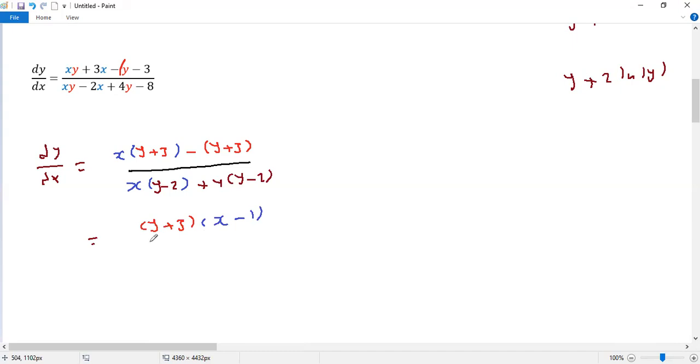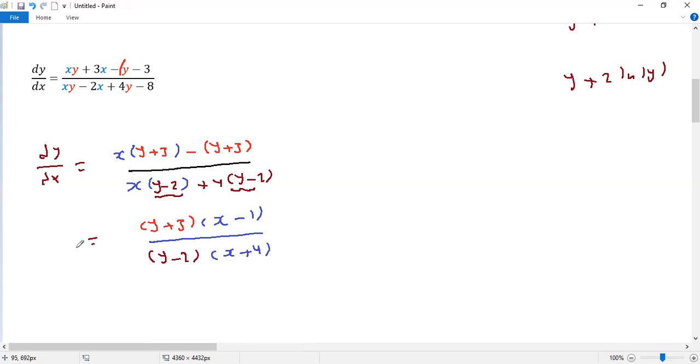And what about the denominator? Again, y minus 2 out. You have this y minus 2 and this is 1 times y minus 2. Left x plus 4. So now I have here x plus 4.